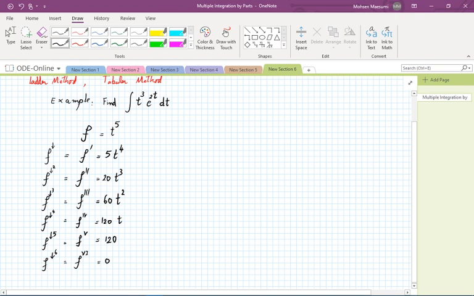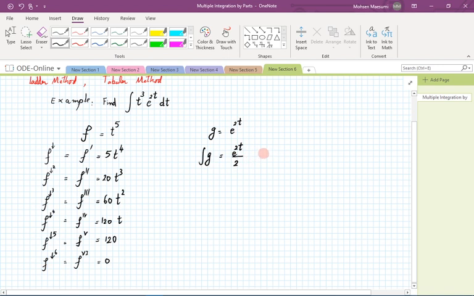Well, of course, if I was going to integrate, the process would be the opposite. That is, the power is going to go up. So if I have a function, let's call this one, say g, say exponential of 2t. The integral of g, I'm going to drop dt so that it's not going to be crowded. So the integral of g, of course, is exponential of 2t over 2.